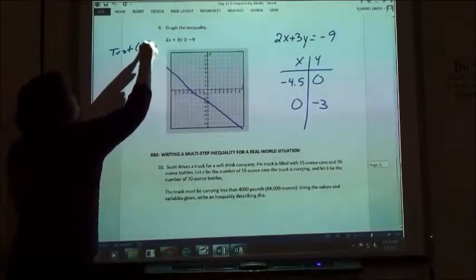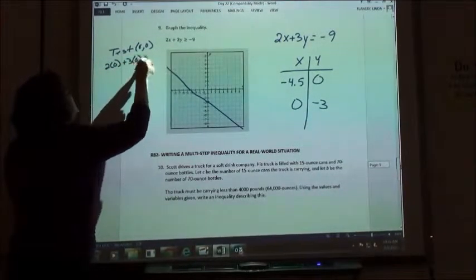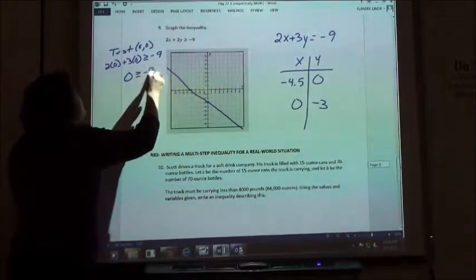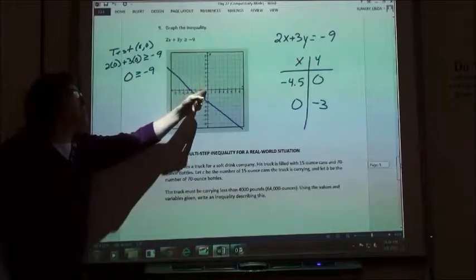If we test 0, 0, 2 times 0 plus 3 times 0, is that greater than or equal to -9? Is 0 greater than or equal to a -9? Yes, it is. 0 is greater than a negative number, right? The equal to, it's probably never going to be, otherwise you'd be right through 0, 0.